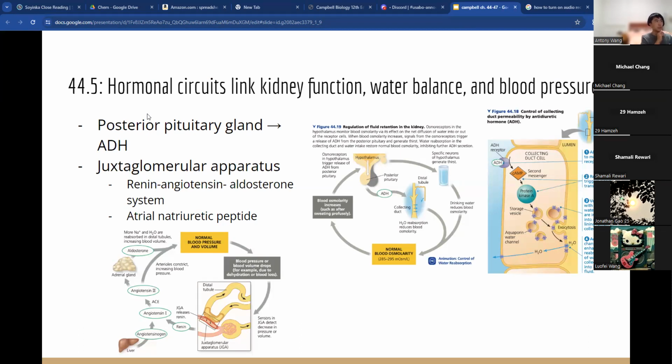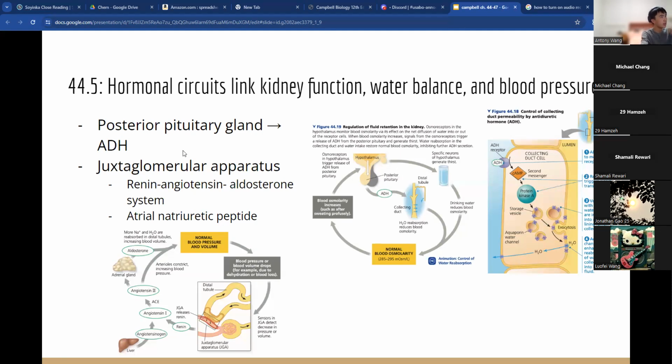This creates a hormone called antidiuretic hormone. Diuresis means peeing more, so antidiuretic means that you're reabsorbing more water and you're peeing less, right?